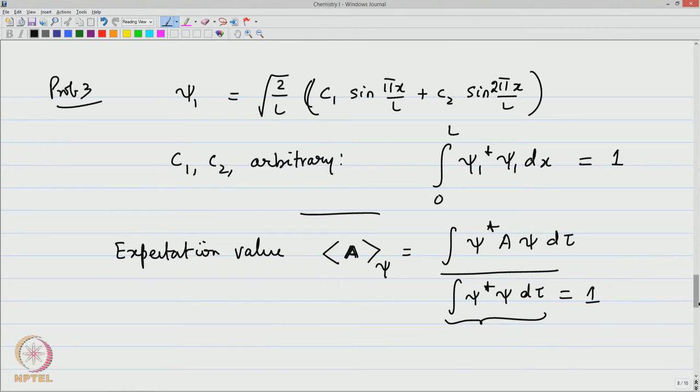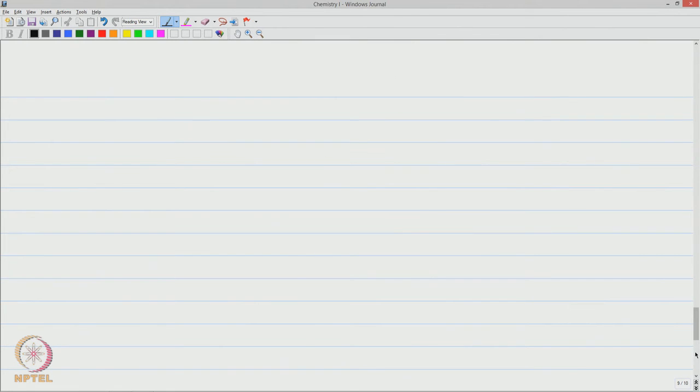So, the first thing we have to do is to ensure that the wave function has this property, namely it is normalized. Normalize the wave function. Now, you have to recall the properties of the particle in a one dimensional box.